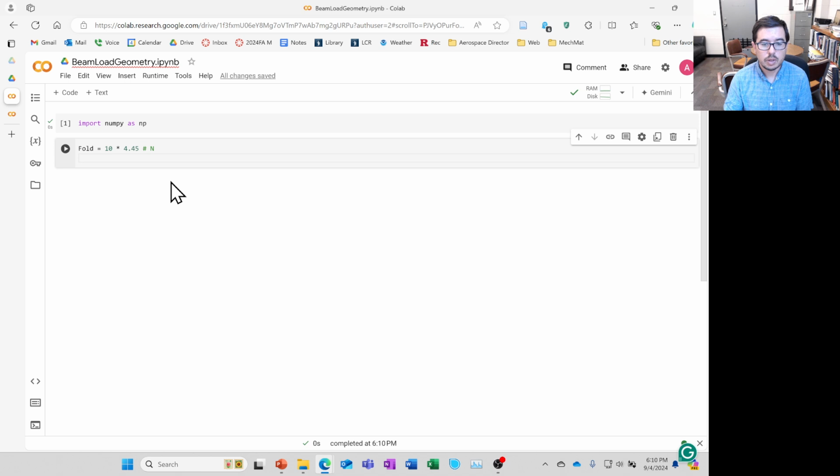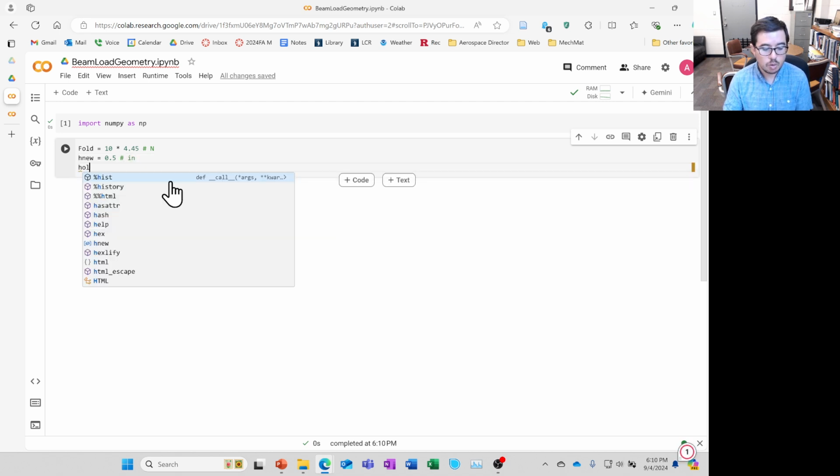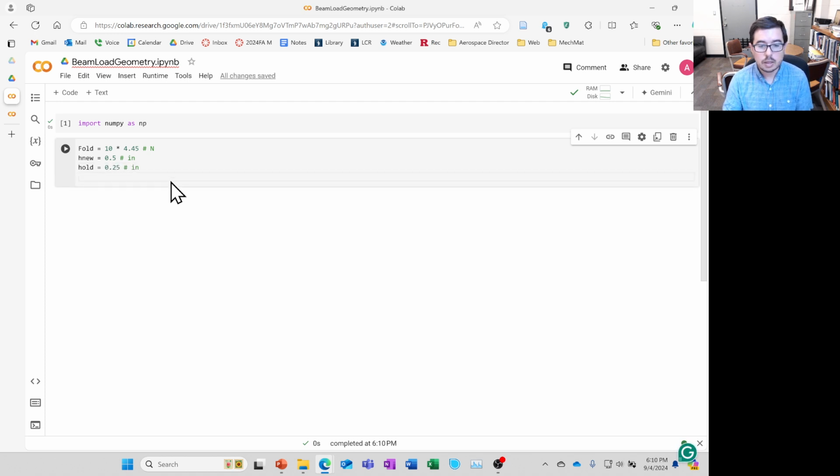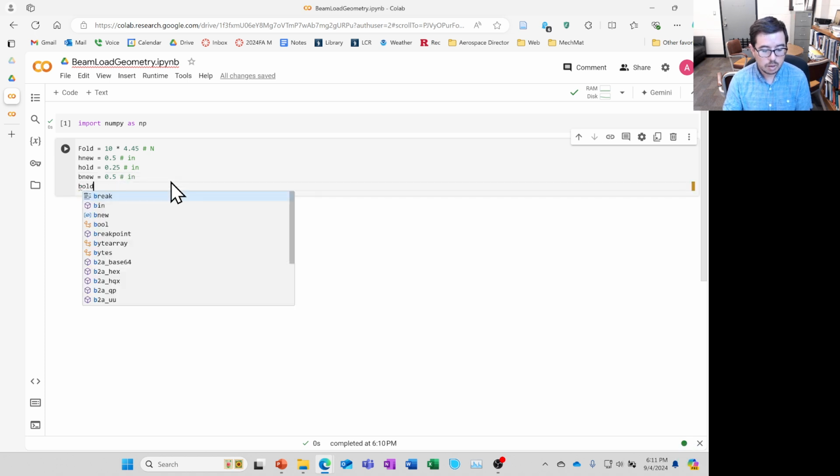Then we have an H new, and that was going to be, let's see, 0.5 inches. Okay, and again, it's often helpful to keep track of these dimensions. And H old that we had originally was 0.25 inches. Okay, we have B new, that's the width, and B old.